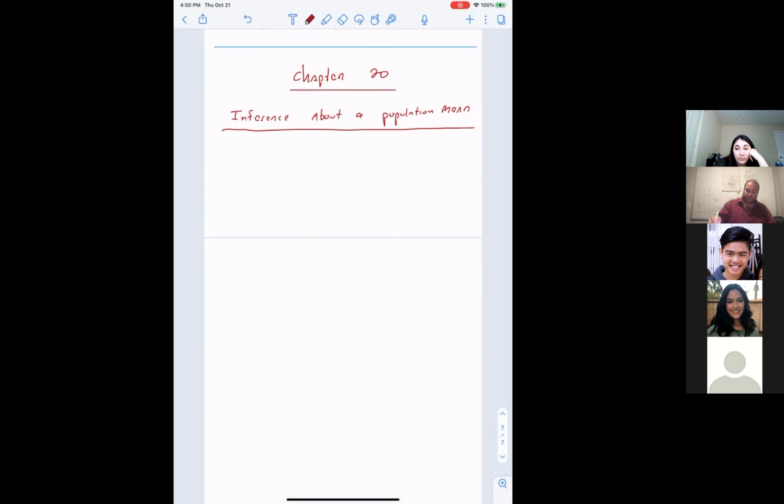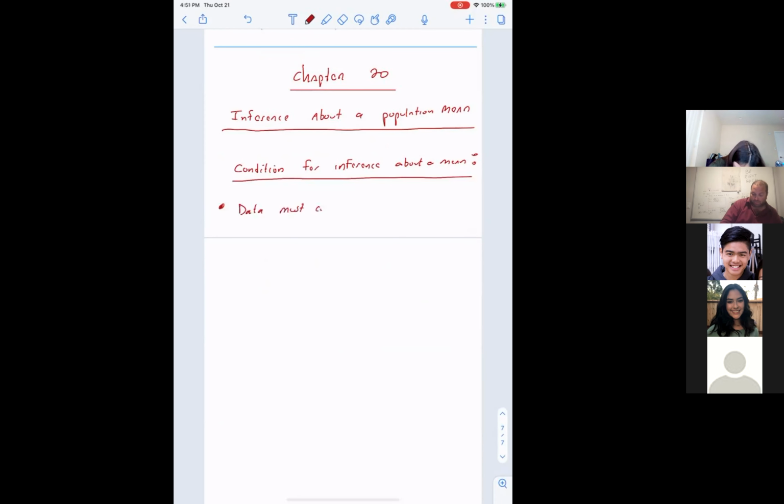But first, some conditions for inference about a mean. Number one, data must come from an SRS. It has to come from a simple random sample.